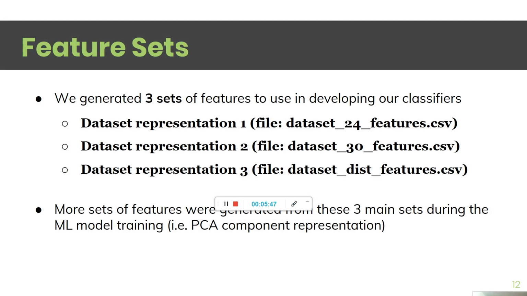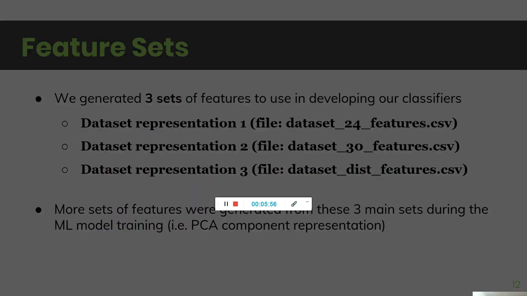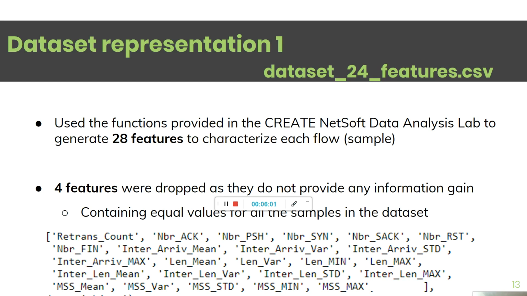So we create 3 initial feature sets that we use in our training models. The first set was created using functions that were provided and studied in one of the NetSoft data analysis labs.